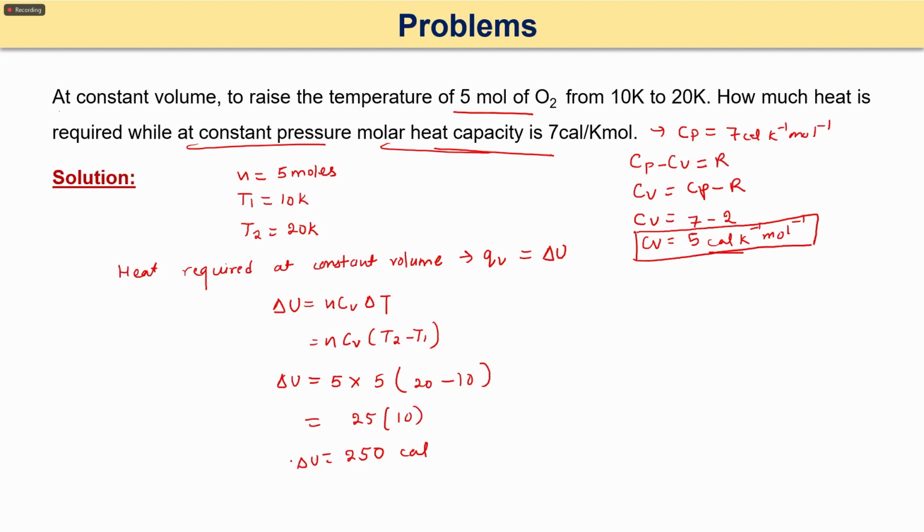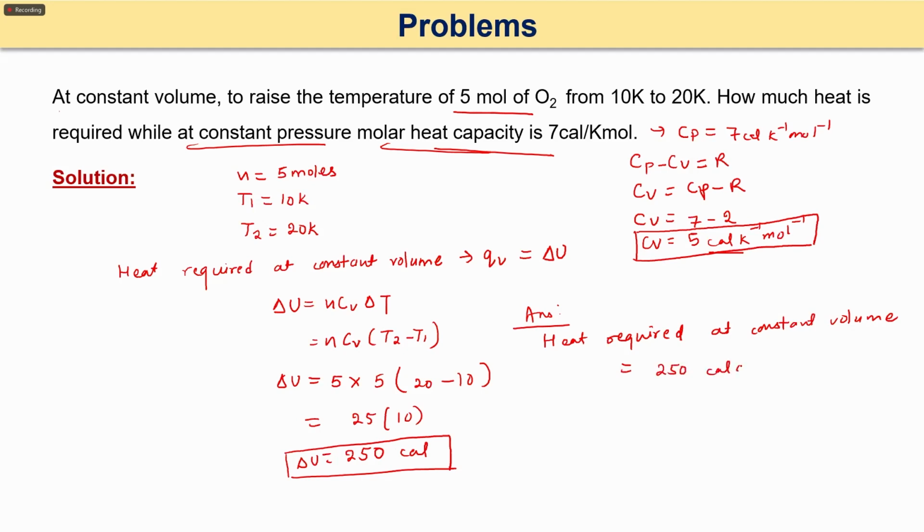So your change in internal energy will be 250 calories, which is nothing but the heat required at constant volume. So the answer will be: heat required at constant volume is 250 calories. Okay.